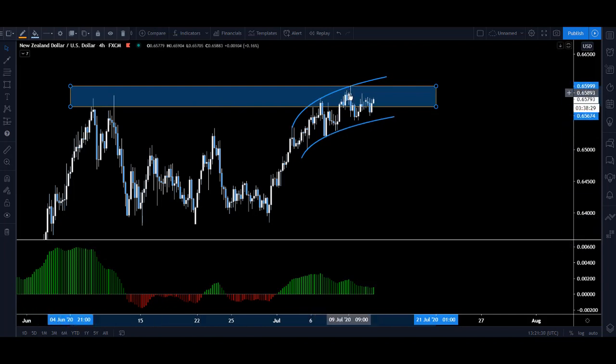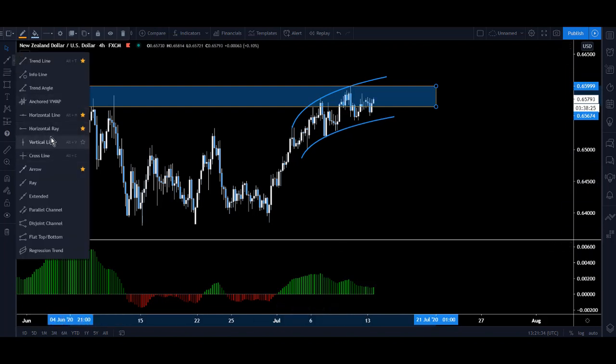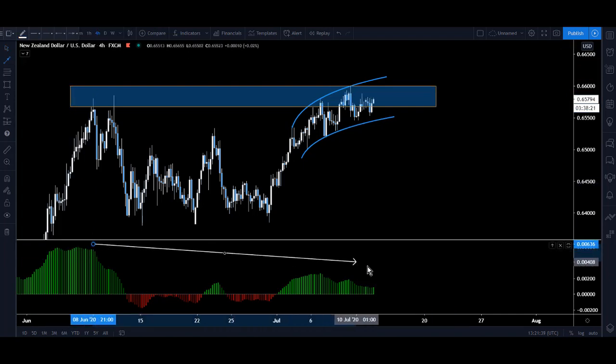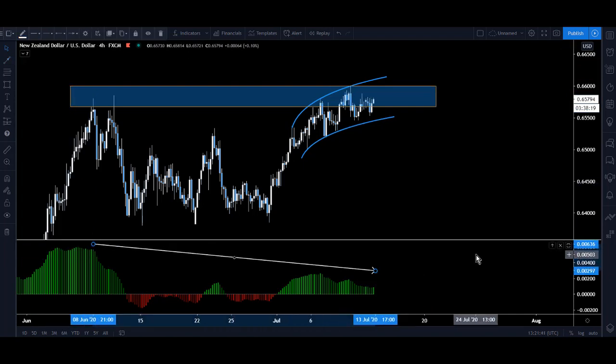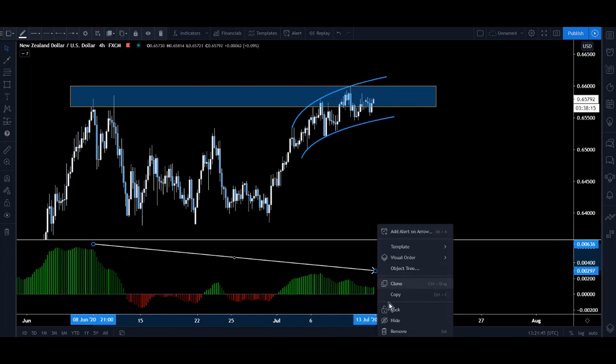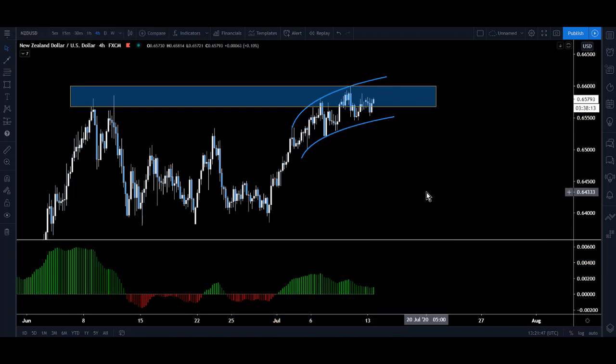Price comes up into the same zone, actually makes a new high, but look at the divergence. So really interested in looking for shorts on Kiwi Dollar, and then looking for weakness on Kiwi against different Kiwi pairs. So just keep an eye on Kiwi Dollar as well. Potentially Aussie, we're going to see some bearish price action, and potentially on Kiwi as well.